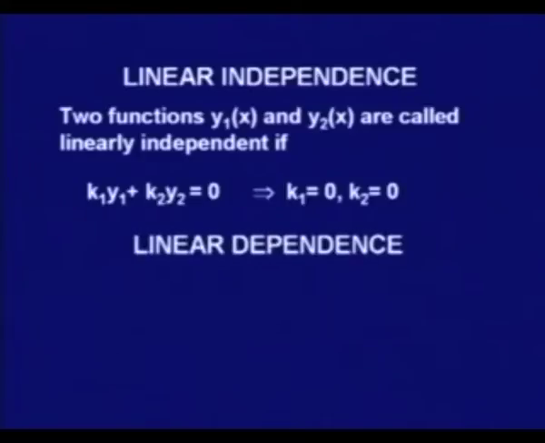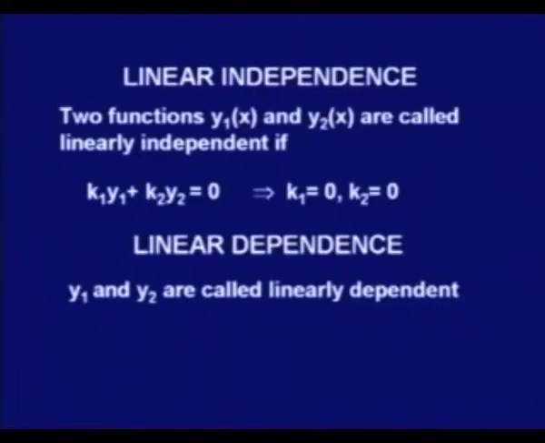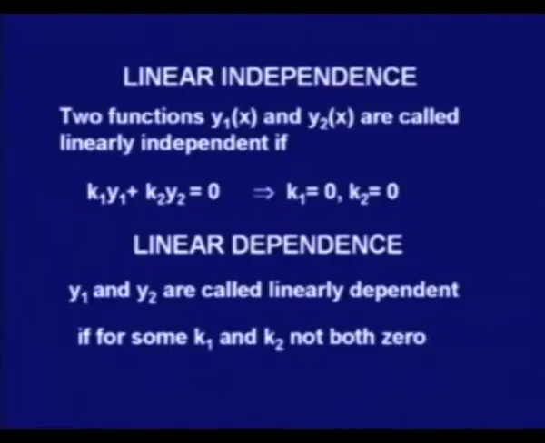The other term is linear dependence. The two functions y1 and y2 are called linearly dependent if for some k1 and k2, not both 0, this linear combination turns out to be 0. In our example, if I take y1 and y2 as e to the power x and 4 times e to the power x, then if I choose k1 as minus 4 and k2 as 1, I get 0 where k1 and k2 are not both 0.